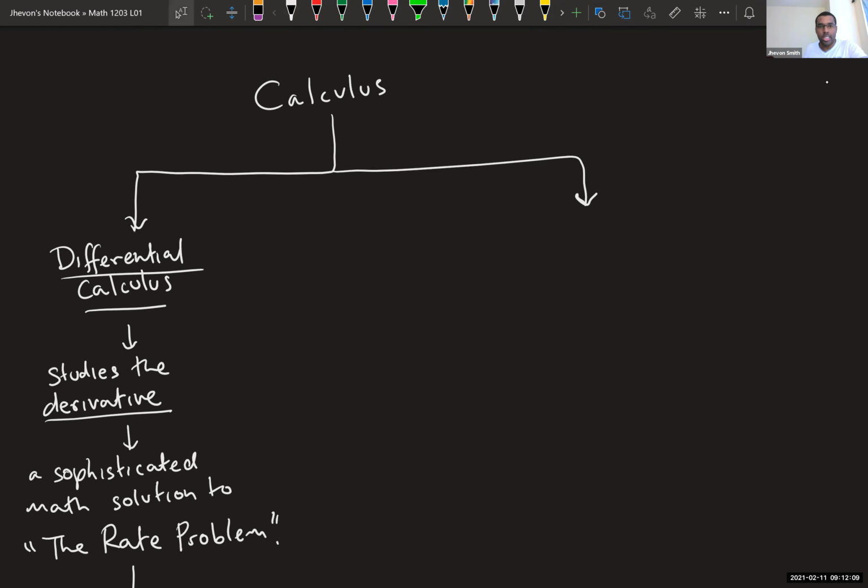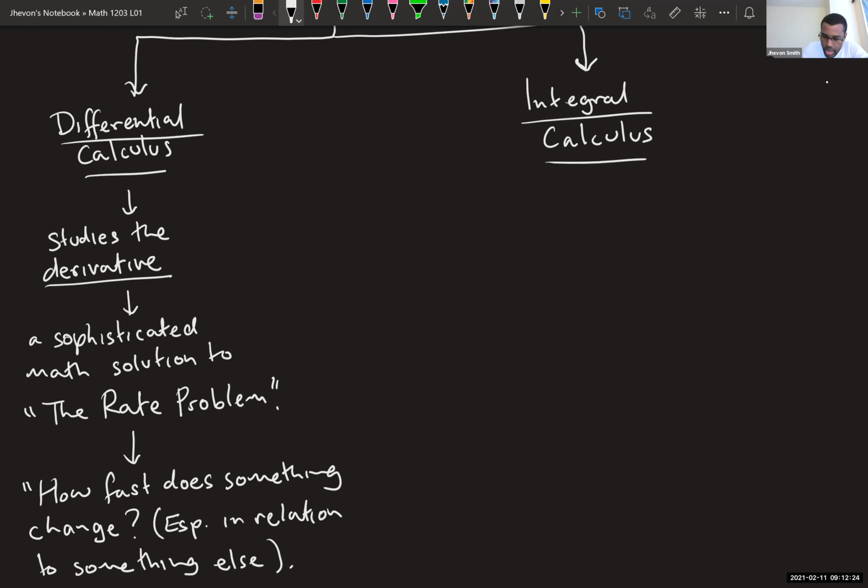So there's another branch of calculus. This is called integral calculus. And this had a very different concern. It studies the thing that we call the integral.